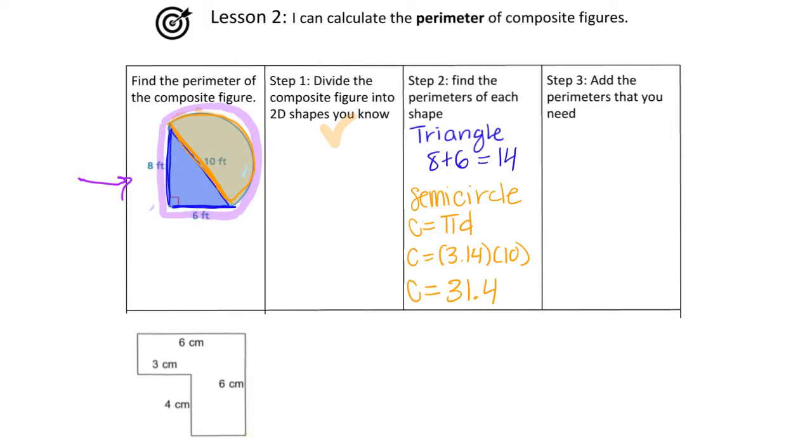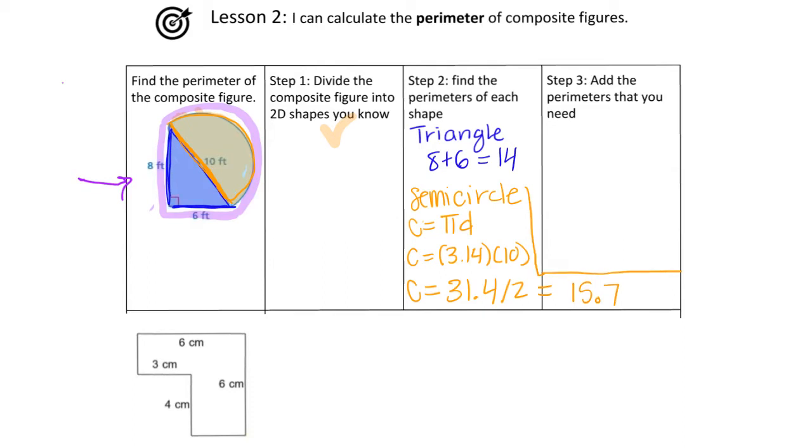But for a semicircle, I'm going to divide that by 2. So when I take 31.4 divided by 2, I got 15.7.